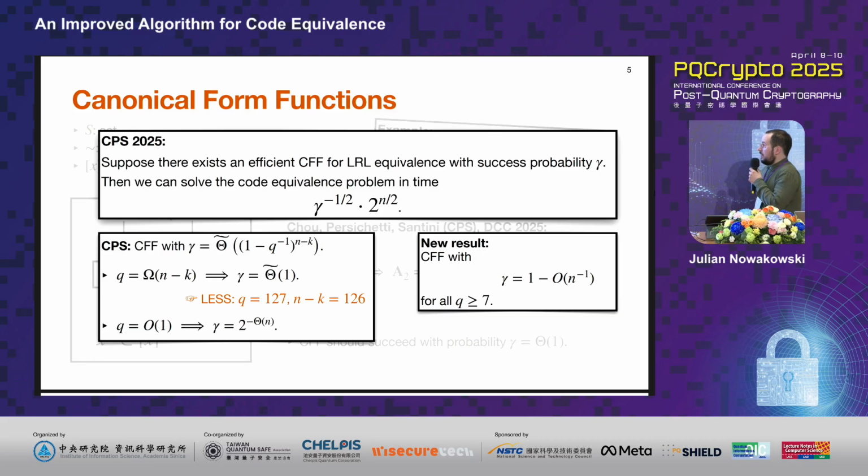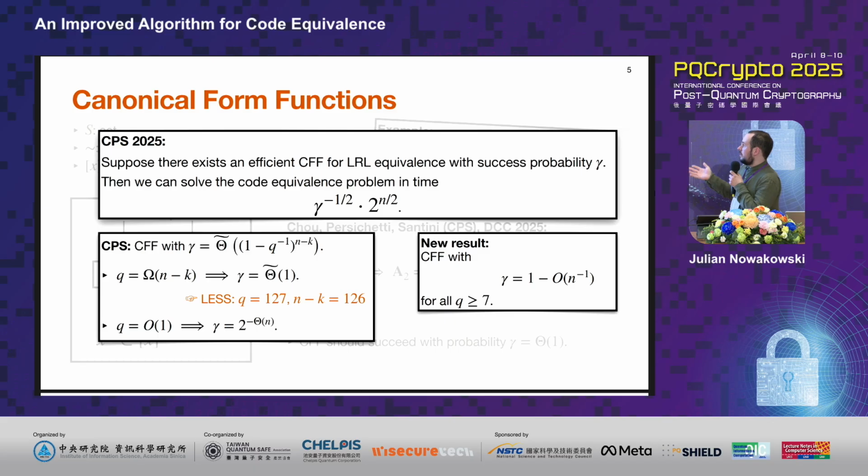Now, if you plug in the canonical form function of CPS into this result that we have on top of this slide, then we have this factor of 2 to the n half, and the gamma to the minus 1 half gives you something in general that might be exponentially larger than 2 to the n half, right? As you see here on the bottom left, gamma might be exponentially small in n, so this gamma to the minus 1 half translates to something that is exponentially big in n.